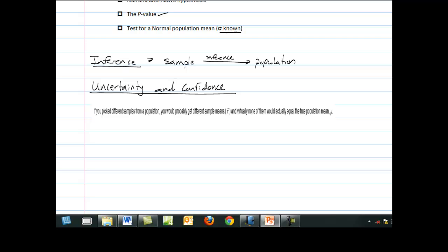Now let's go back and review a little bit what we learned about the central limit theorem from previous chapters. If we know that the population has a particular distribution, and in this particular case we'll say the population of x values is normally distributed with some mean mu and standard deviation sigma, then the sampling distribution that we'll represent by x bar is distributed normal as well with the same mean, but the standard deviation changes.